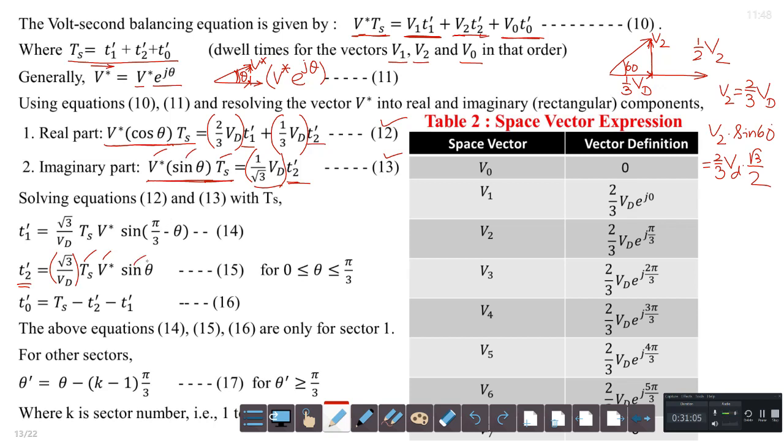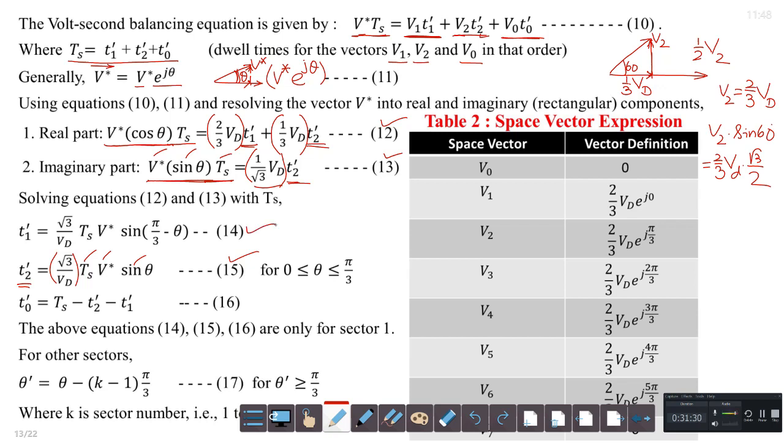So, equation number 15 is obtained for time T2 dash. Now, in equation 12, we have two terms, T1 dash and T2 dash. We have already got the expression for T2 dash as per equation number 15. Now, we substitute that T2 dash in equation number 12 and solve for T1 dash. Then you will get equation number 14.